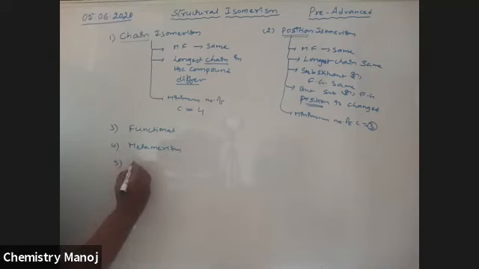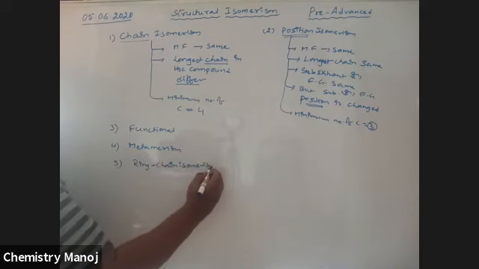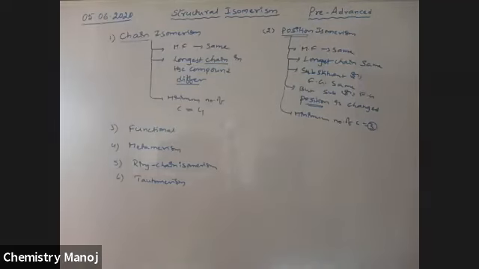Next one, ring chain isomerism. Next one, tautomerism. So remaining 4 are there. These 4 we will complete here. So now our topic is functional group isomerism.